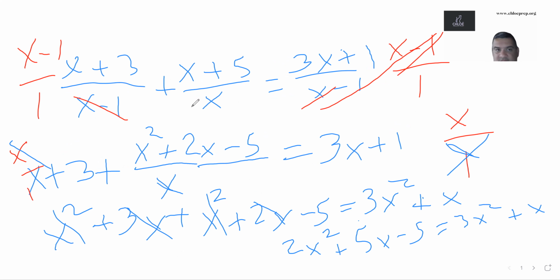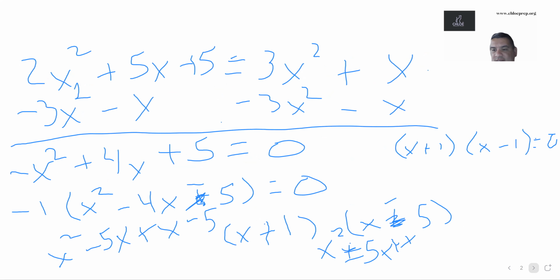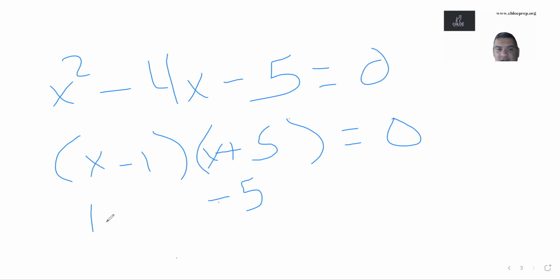X just can't be 0. X also can't be 1 because 1 minus 1 would be 0. That is one of our answers here. So it can't be 1. So we're just going to go ahead and throw that away. That's just not a thing. Our answer is x equals -5.